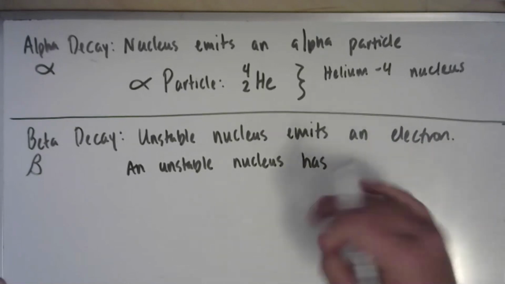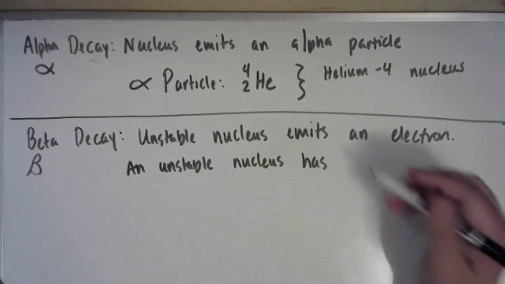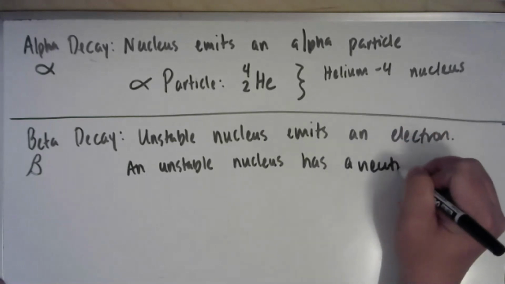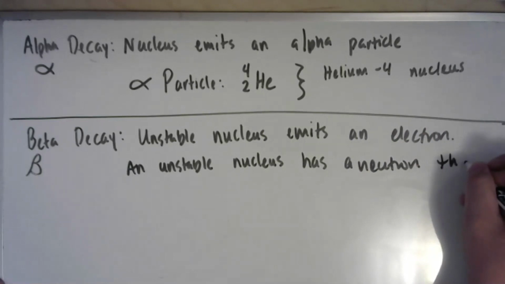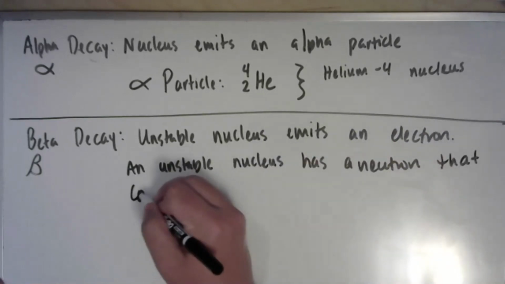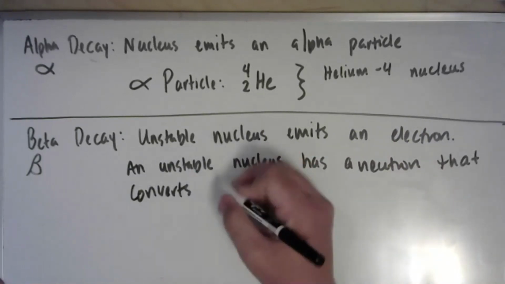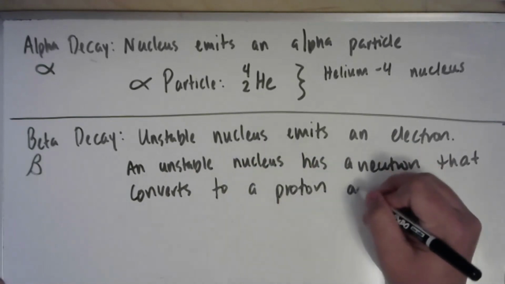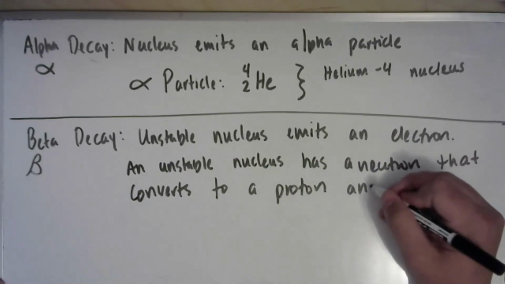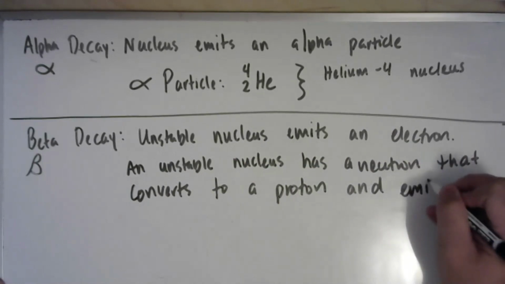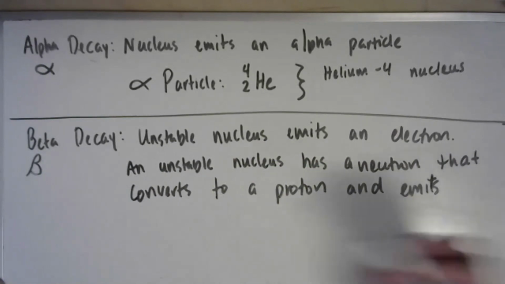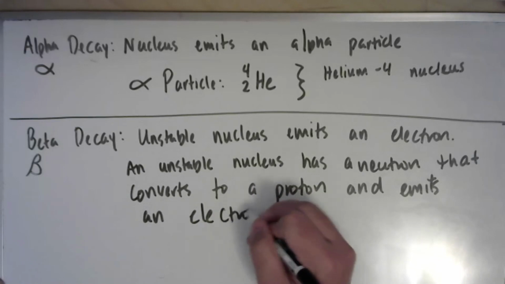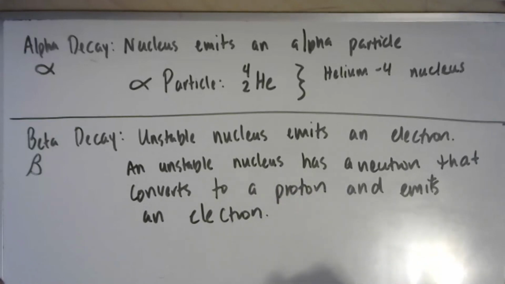I'm going to write that the nucleus has a neutron that changes, but it could be more than one if multiple processes happen. It emits an electron, and I'll write the process out for you too, so you can see what it looks like.